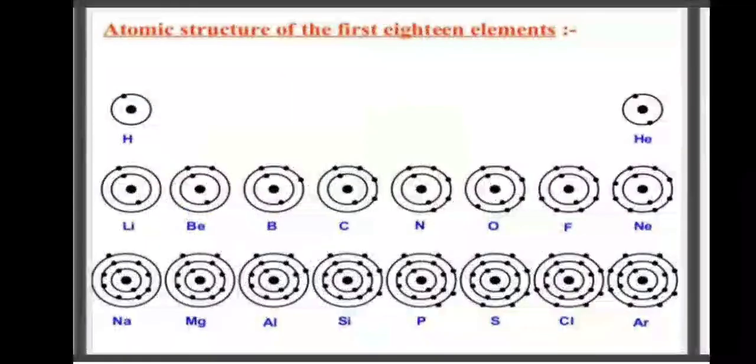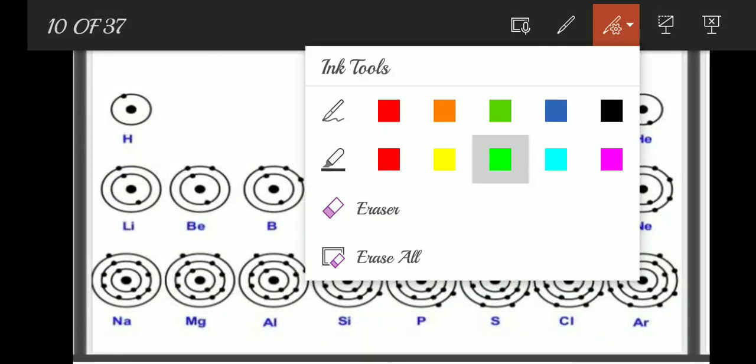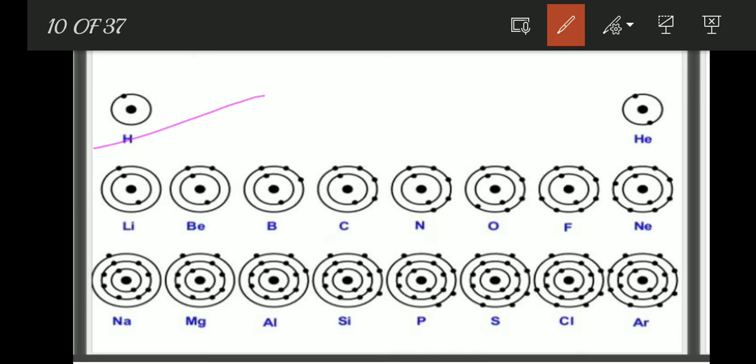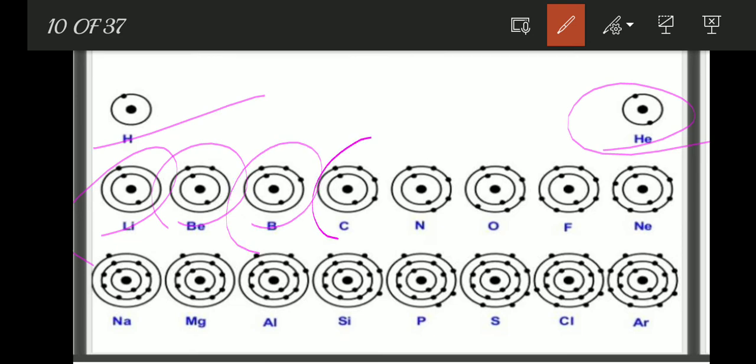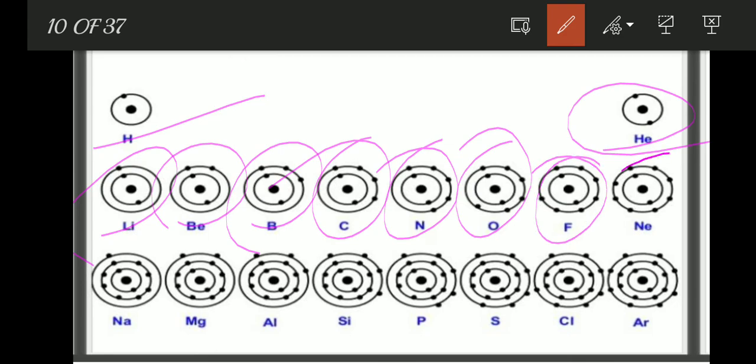Atomic structure of the first 18 elements. Hydrogen 1, helium 2, lithium 3, beryllium 4, boron 5, carbon 6, 7, 8, 9, 10, 11, 12, 13, 14, 15, 16, 17, 18.